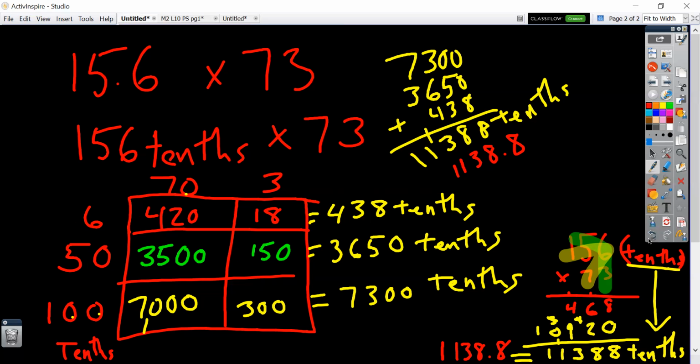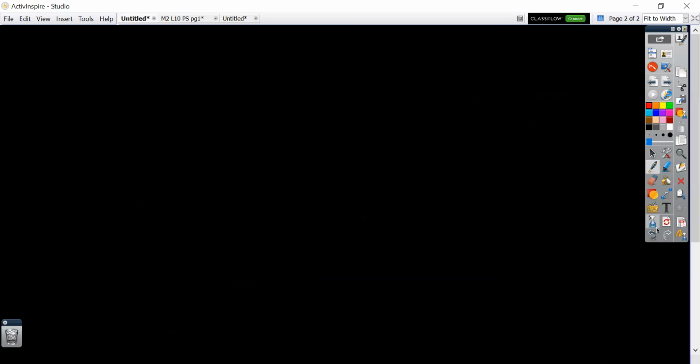Great. Now, let's go ahead and do one more together, and we're going to just do standard algorithm on this problem. So you notice how we're kind of scaffolding it out. So let's go ahead and clear a page or get a new spot on our page. And this time, let's see if we can make it a little bit more challenging.